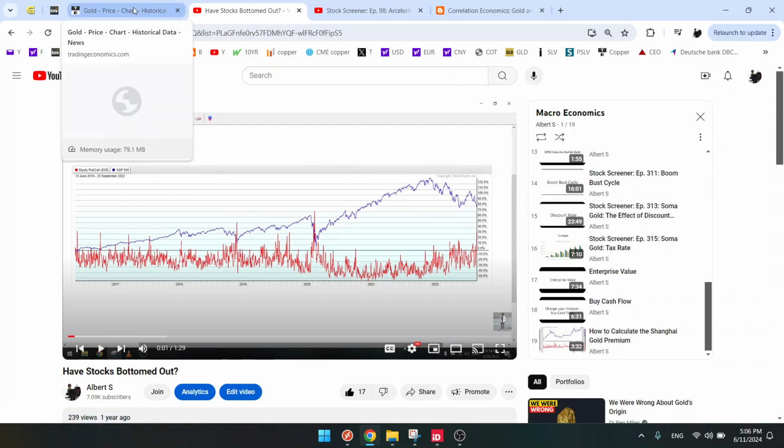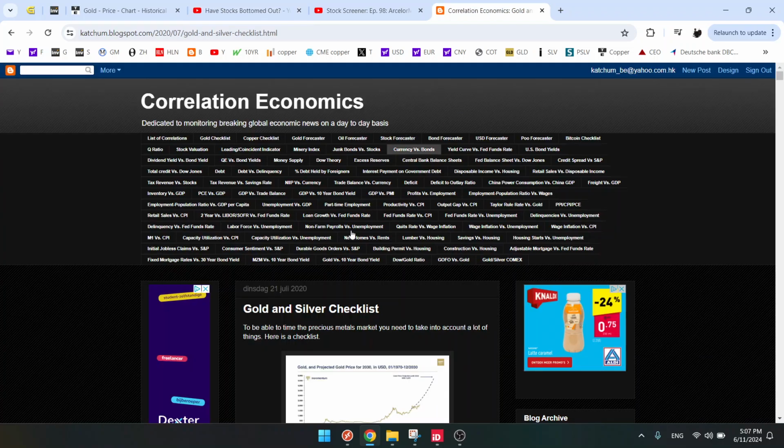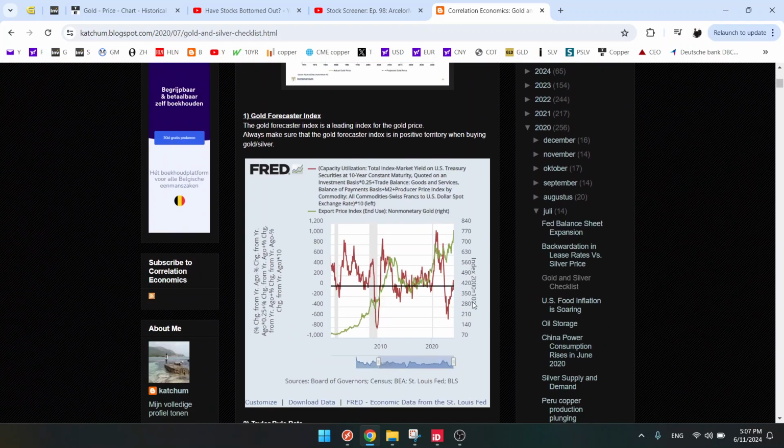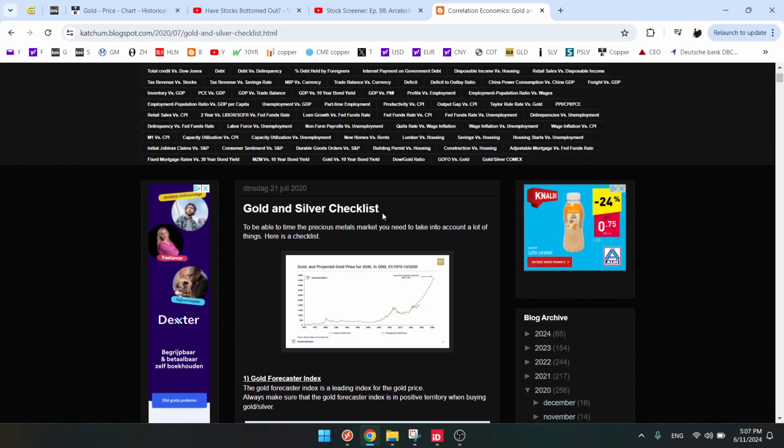So that's first. The second one is you need to do data mining. The more data that you have about gold, the more you know about the price direction. So data mining, I already helped you with this gold checklist. A lot of data is given on this page.